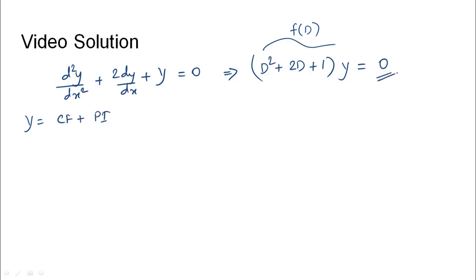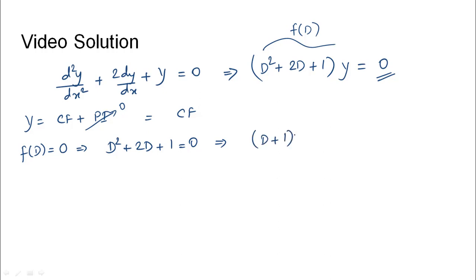The right hand side is 0, so the particular integral becomes 0 and y equals the complementary function. So we solve f(D) equals 0, which is D square plus 2D plus 1 equals 0. Converting to whole square form, D plus 1 whole square equals 0, which gives two roots of D, minus 1 and minus 1. So it is a real and equal roots case.